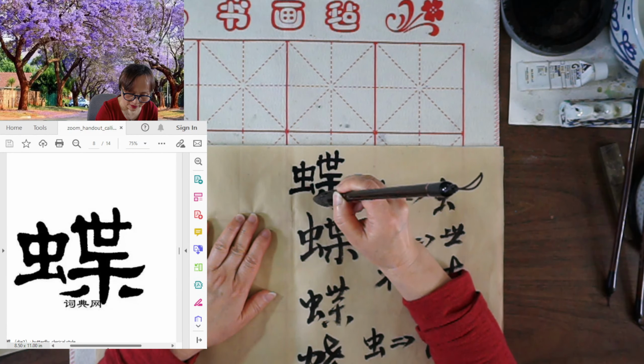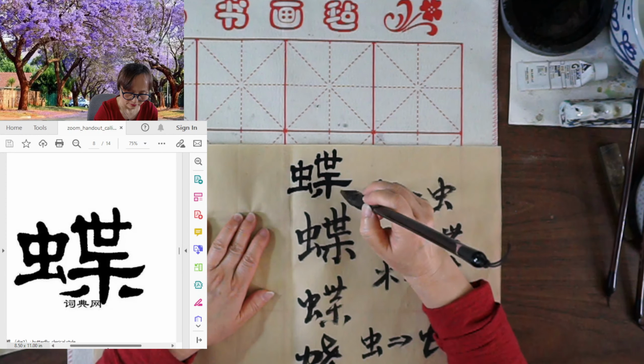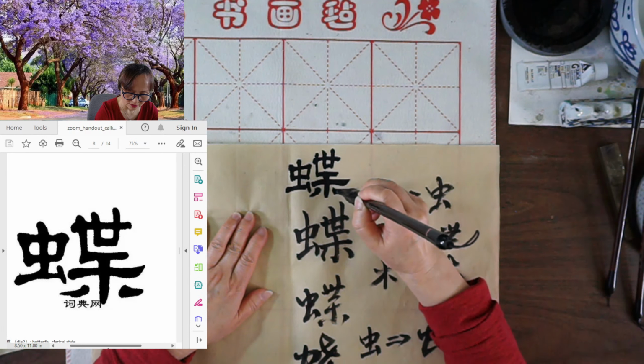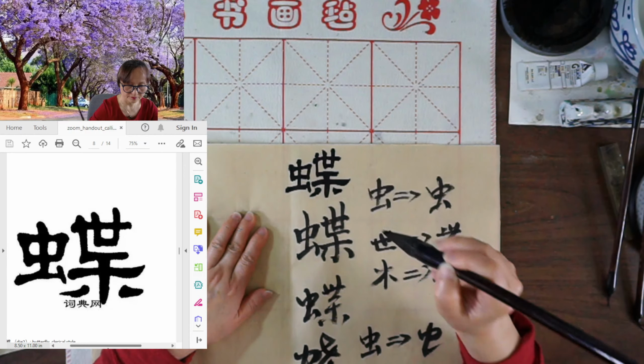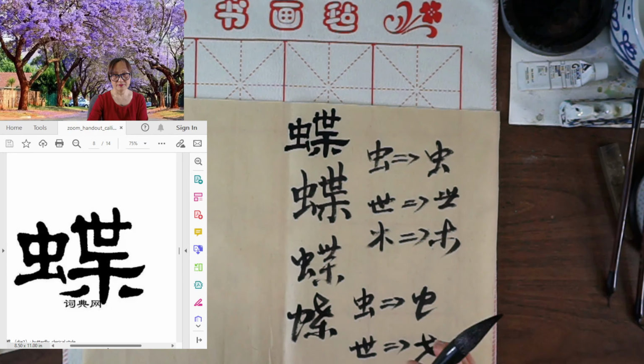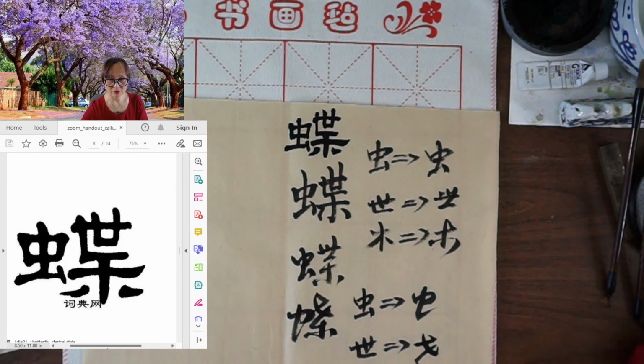Do not sweep. With some dignified looking. Slow, slow, slow. My lower part is a little bit too small, right? But this style is a little bit flat. Anyway.